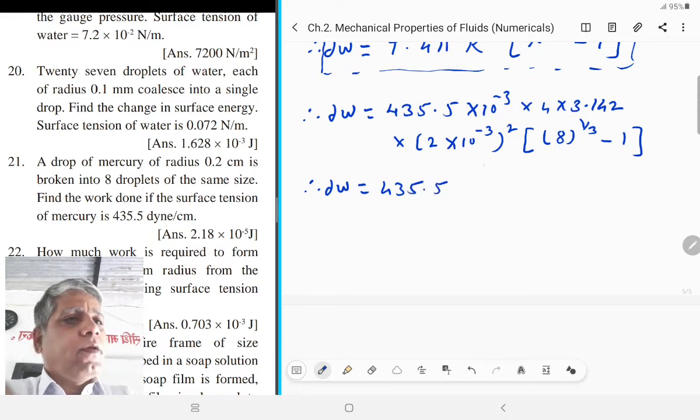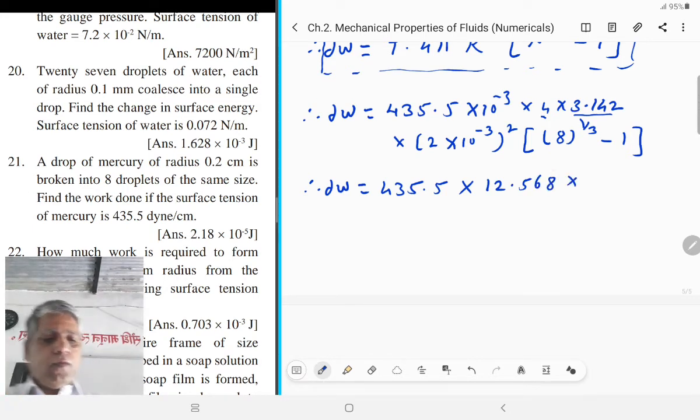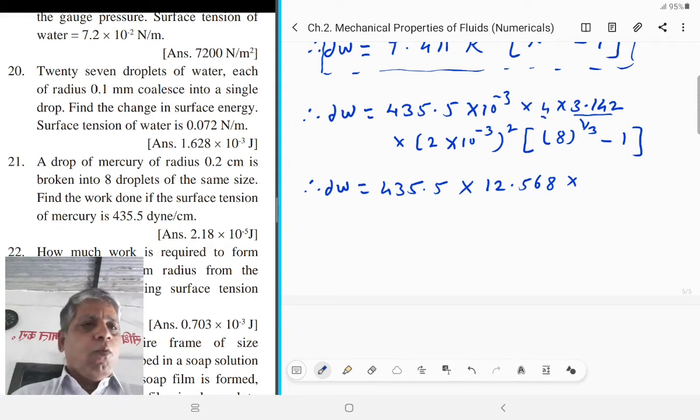Therefore work done is equal to 435.5 into 4 into 3.142, that is 12.568 into 4, 2 square means 4 into 10 raised to minus 6.